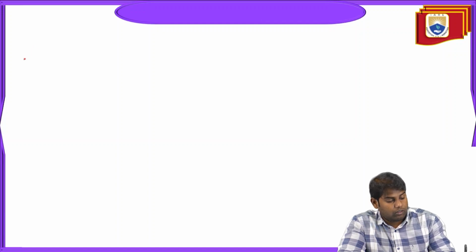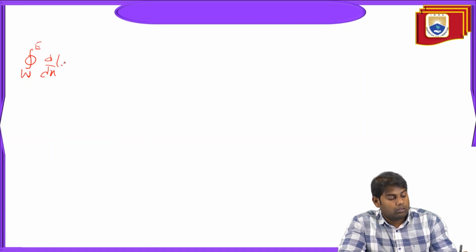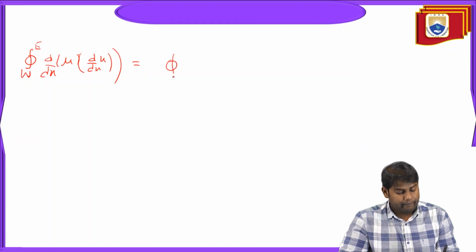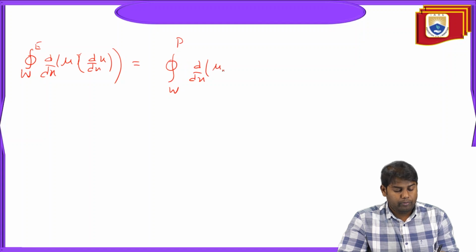So we will have the integral of west to east of d by dx of mu into d by dx of u.